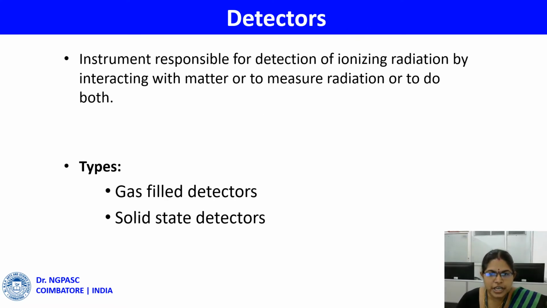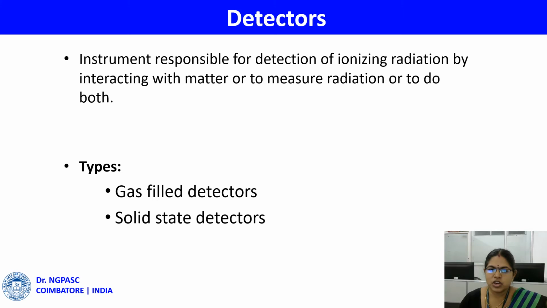Here, Geiger-Müller counter is one of the detectors which is used to detect the amount of ionization radiation produced because of interaction with matter, or to measure the radiation dose, or to do both. So there are a variety of detectors available, that is gas filled detectors and solid state detectors. Among gas filled detectors, ionization chamber, Wilson cloud chamber, diffusion cloud chamber, Geiger-Müller counters are there.